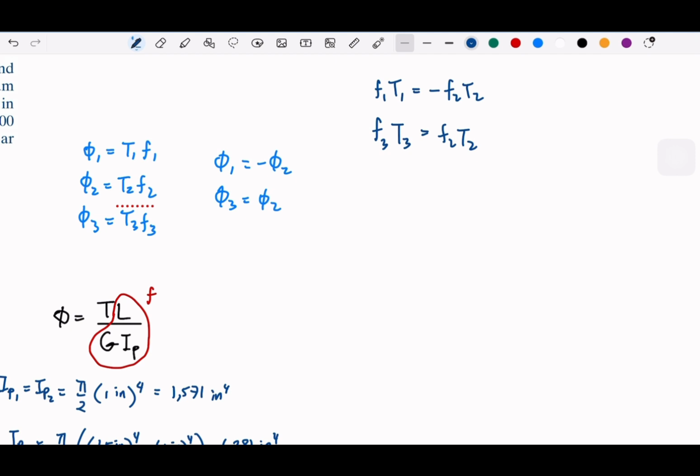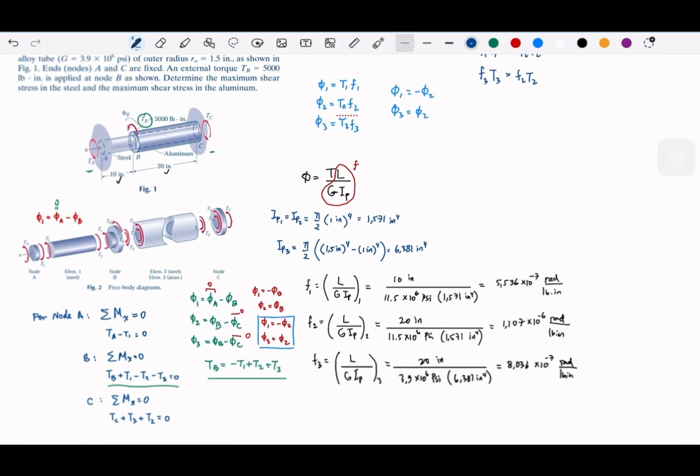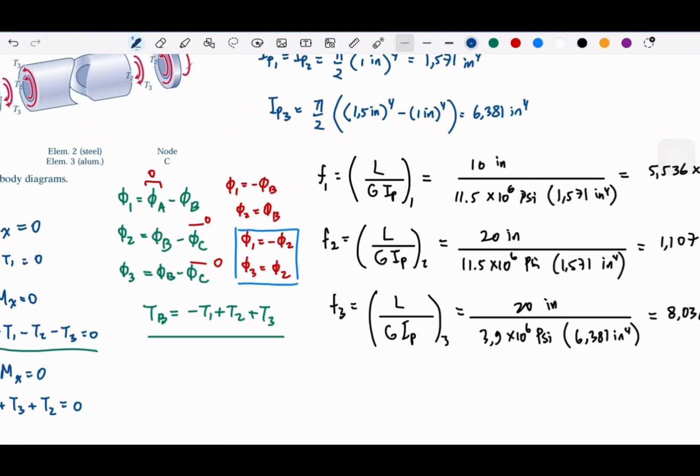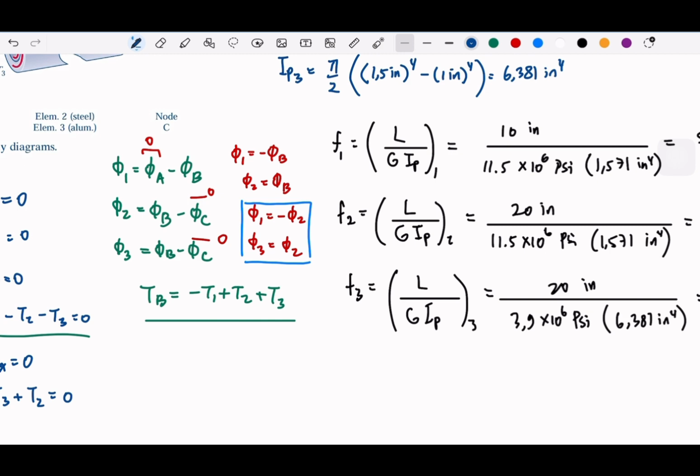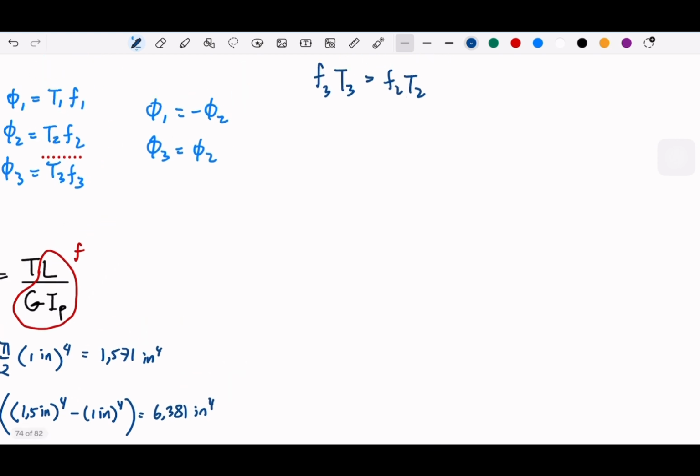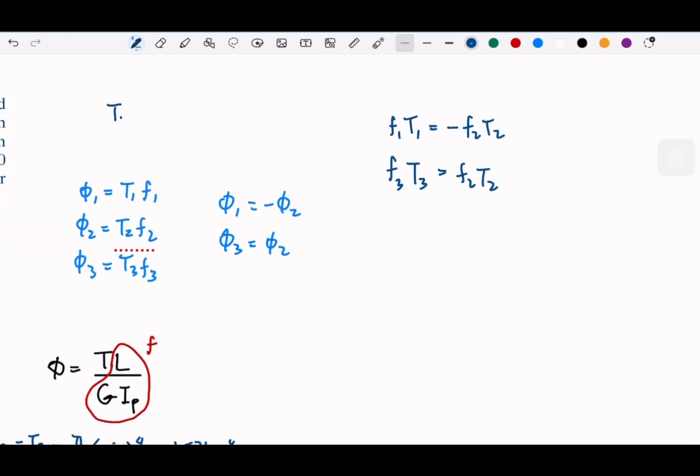Okay, and then we can solve this simultaneously. So we get that the TB is this, right? This one here. Let me write up the TB. TB is negative T1 plus T2 plus T3. Okay.